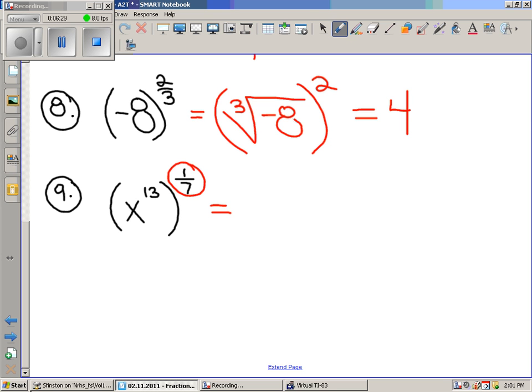Take this. We're going to apply the power rule. Lizzie, what's 13 times 1/7? Without a calculator. Not in decimal form, in fraction form.